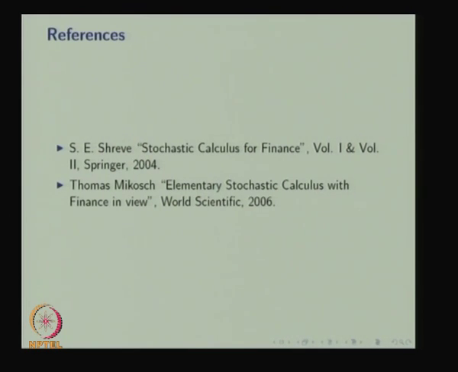In the fifth lecture we discussed the Ito formula, which is useful to solve some special cases of stochastic differential equations. And in the last lecture we discussed some important stochastic differential equations and their solutions.